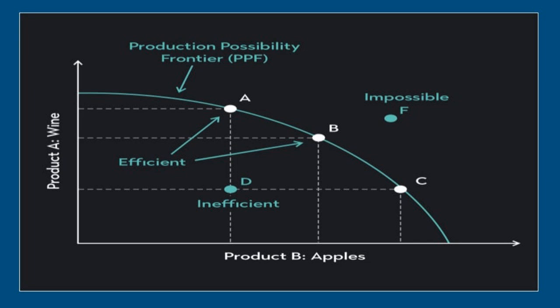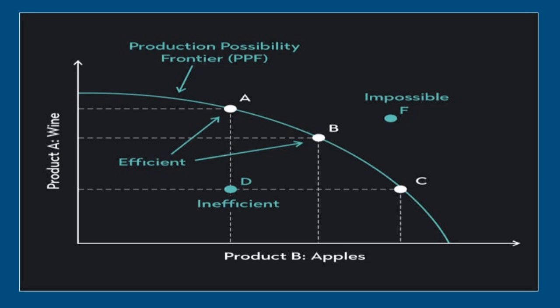All the resources are not getting utilized at point D. So point D is an inefficient point for production. It is not very favorable for the production to be at this point.